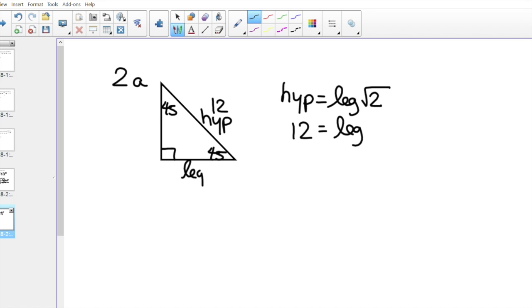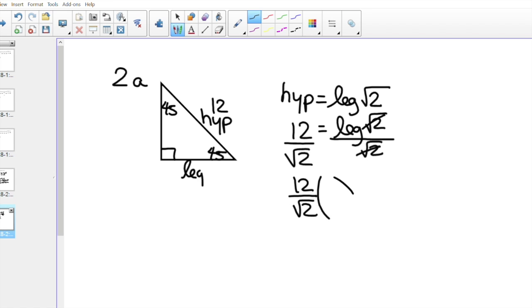Replace that. Now, we want to solve for the leg. So we're going to divide by the square root of 2, and what you do to one side you do to the other. But here we have to rationalize the denominator, which means to multiply by the square root of 2.